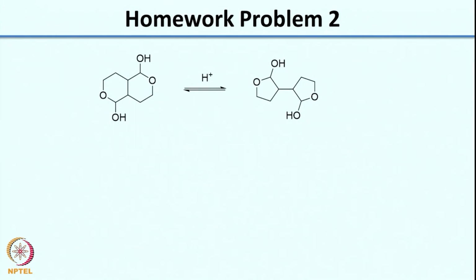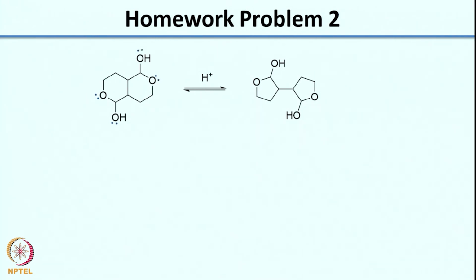So similarly now let us look at the next problem. Now in this problem again you have two hemiacetals, but here your medium is acidic. So you have H plus in the medium. So now here again let us look at all the sources that you have.